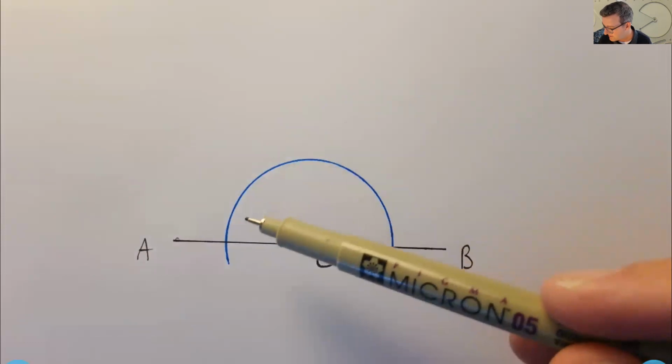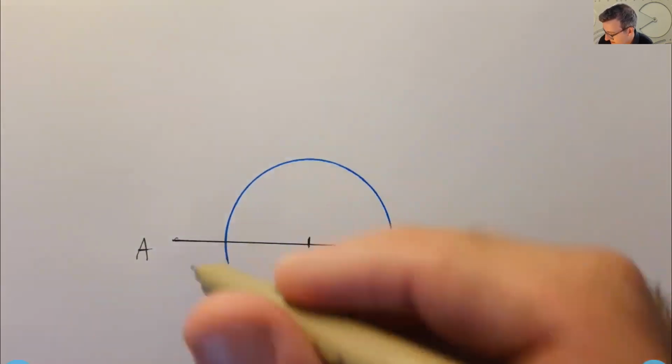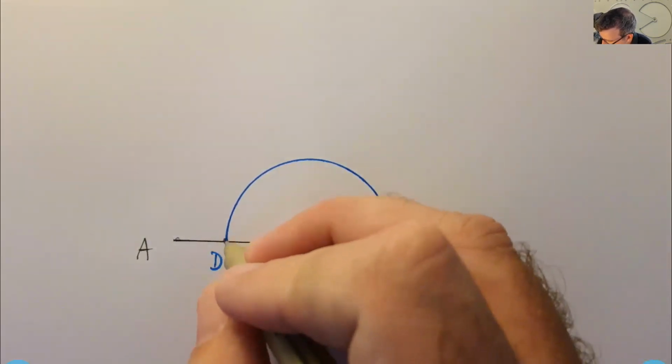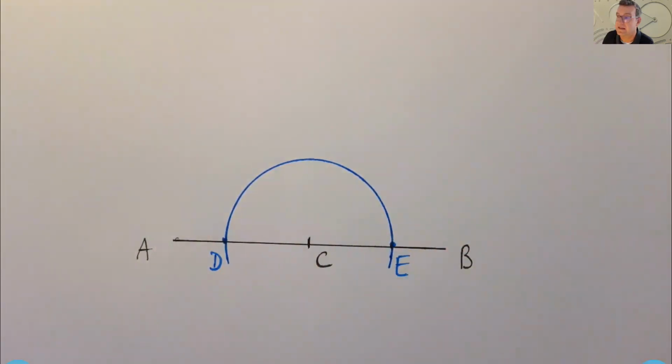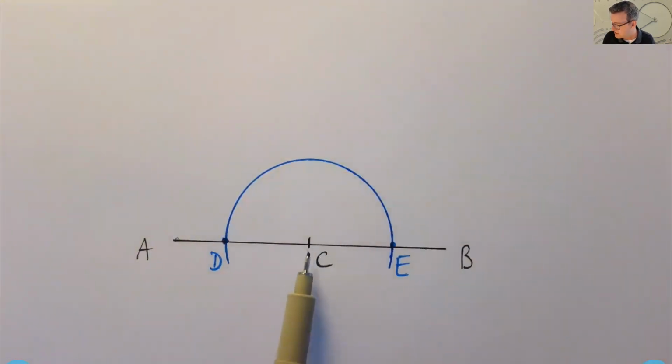And you can see that this cuts our line segment AB twice. So we've essentially created two new points there, D and E. Let's label them. Okay. Now, because CE is a radius and CD is a radius, C is actually the midpoint of DE. Okay. All right, so what now?